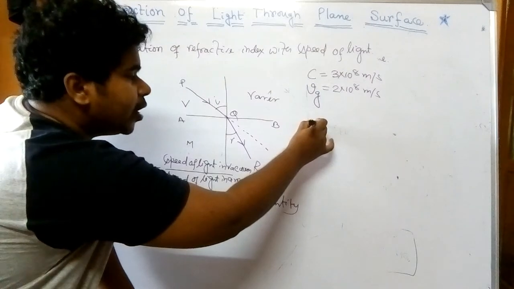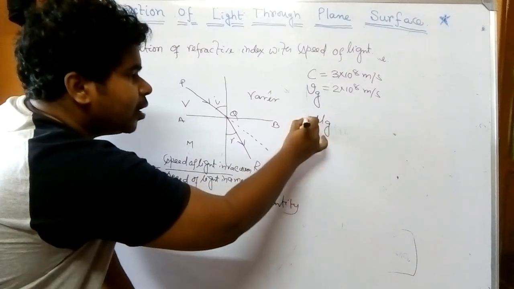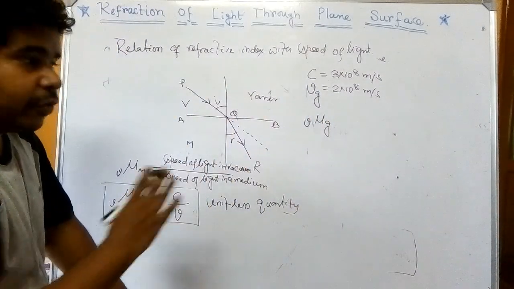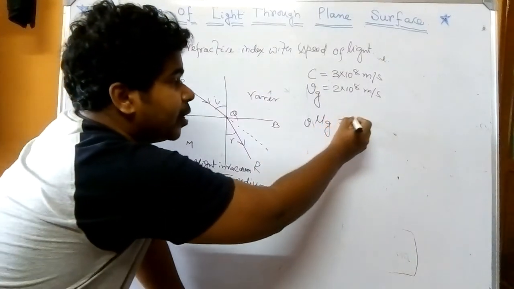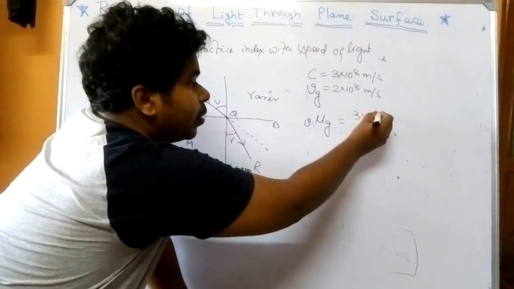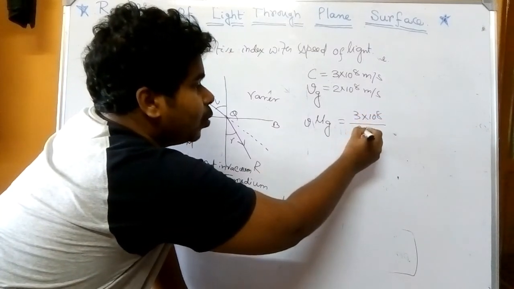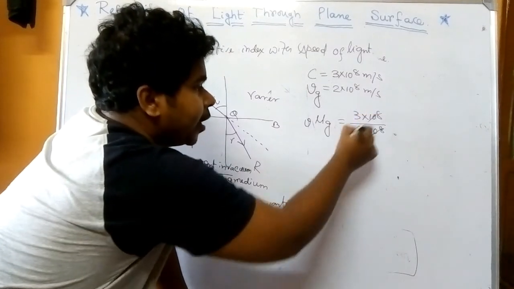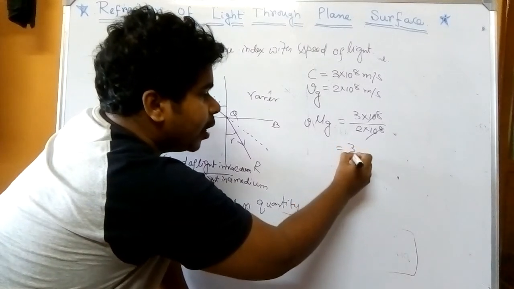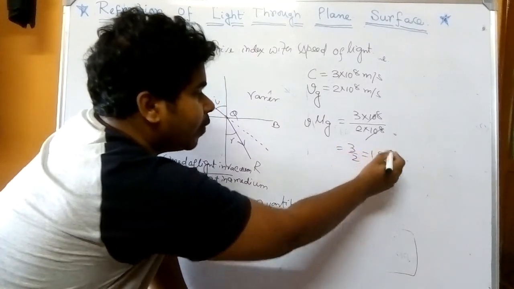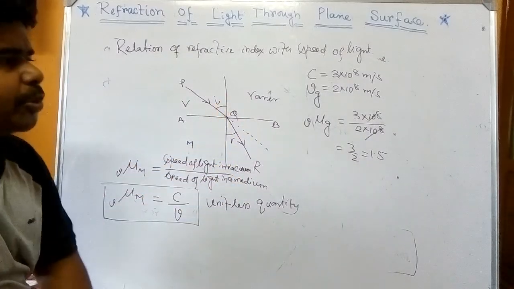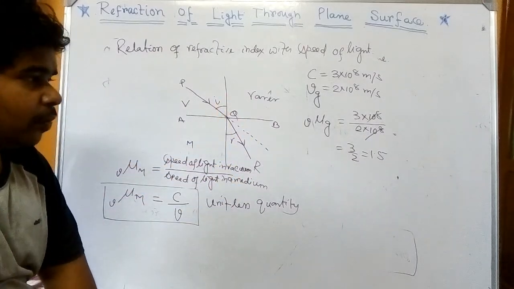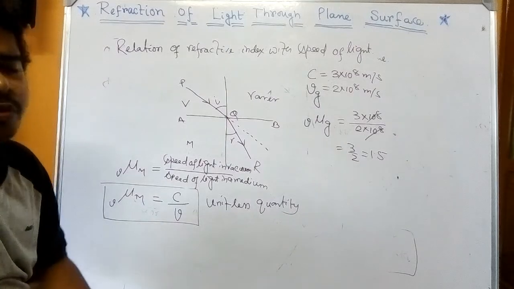It is denoted by vμg, that means the refractive index of glass with respect to vacuum, that is 3 × 10^8 by 2 × 10^8. 10^8 will cancel out, 3 by 2, that means 1.5. So that should be the refractive index of glass with respect to vacuum.